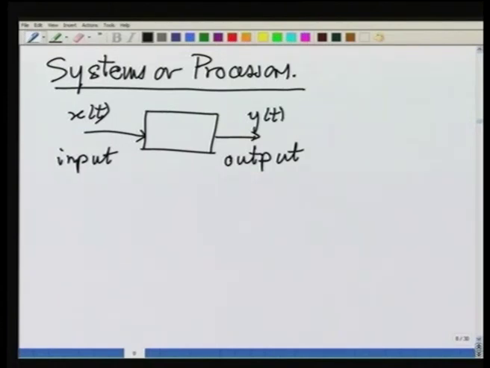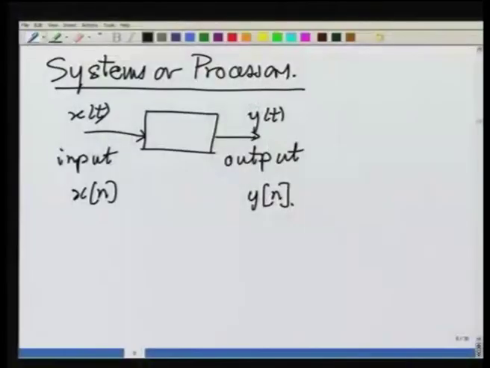Alternatively, if the system is a discrete time system, we would have applied an input x[n] and obtained an output y[n]. That is about all the difference it would make. In this case, the system would be called a discrete system or a discrete time system.